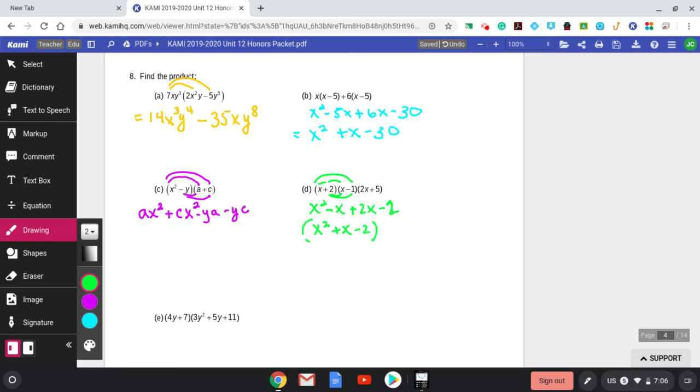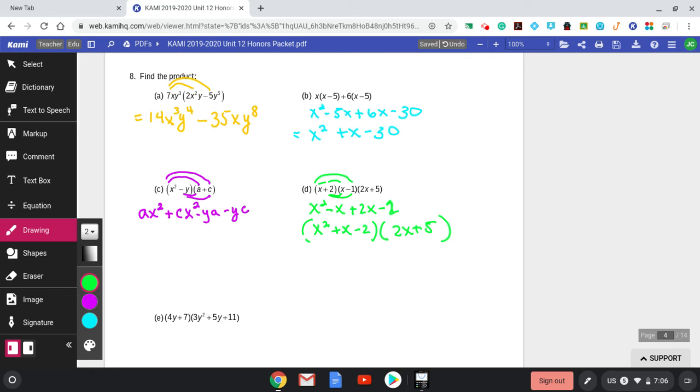And now you're going to multiply the 2x plus 5. Okay, now here's where you've got to be careful. Take your time because you're going to be doing a lot of distribution here. You can take x squared, x, and negative 2 and distribute it 3 times, or you can take the 2x and the 5 over here and distribute it twice. It's up to you which way you want to distribute.